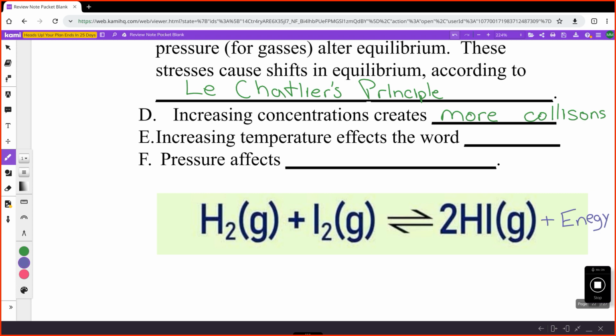Now, this has to be taken into consideration if we're going to change the temperature. So, increasing the temperature affects the word energy. Now, I'm not going technical here. I'm going example-wise. I'm using the example to explain what I mean.